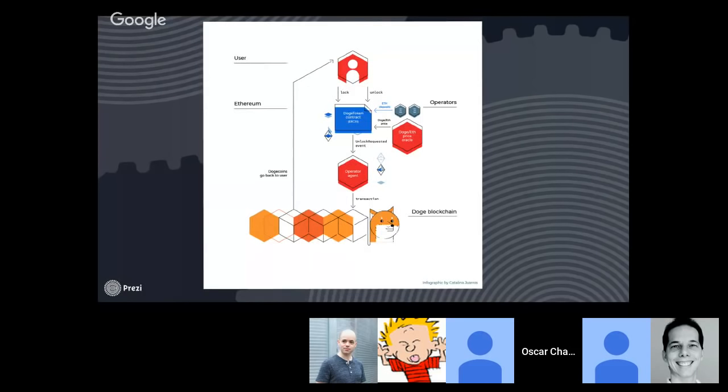Yes, so Dogecoin has a different account system than Ethereum. Dogecoin is Bitcoin based, so there are no accounts. What we have instead are UTXO, unspent transaction output. Every single transaction creates one or more outputs, and the operator has a set of outputs that she can spend.